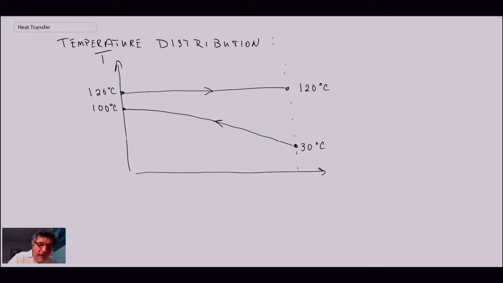Now, I'm going to label these in order to apply the LMTD. First of all, this here is temperature hot at 1, and this is temperature hot at 2. This is temperature cold at 1. This is temperature cold at 2. So I'm assuming that that's location 1 and that's location 2. With that, we can calculate the log mean temperature difference.